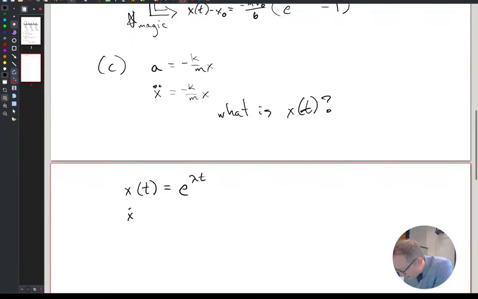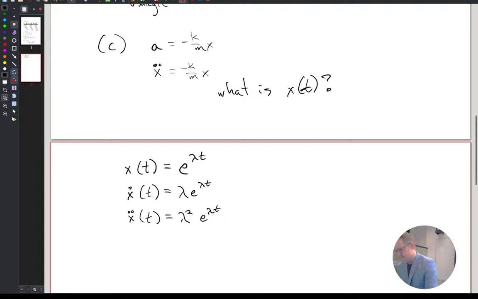So now x dot is lambda e to the lambda t, x double dot is lambda squared e to the lambda t. Would this work? Could we plug that in, if I just said x of t is e to the lambda t?